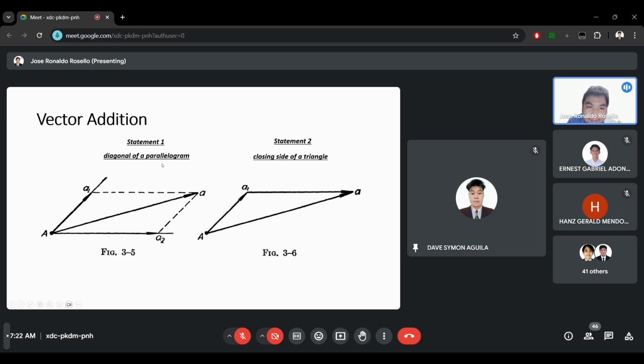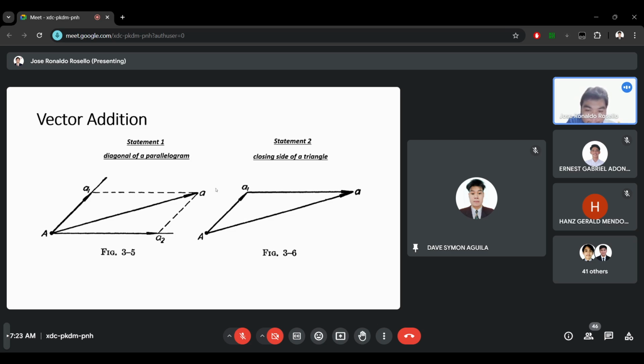So for the diagonal of a parallelogram, we have two vectors where its origin are the same, and we will have to reflect parallel lines from this vector to form a parallelogram. The diagonal in this parallelogram is the resultant or the equivalent of those two vectors.